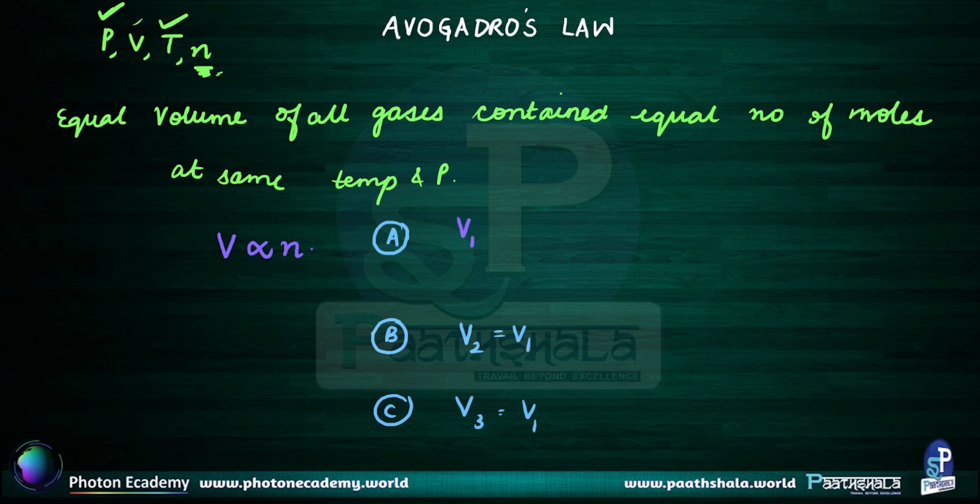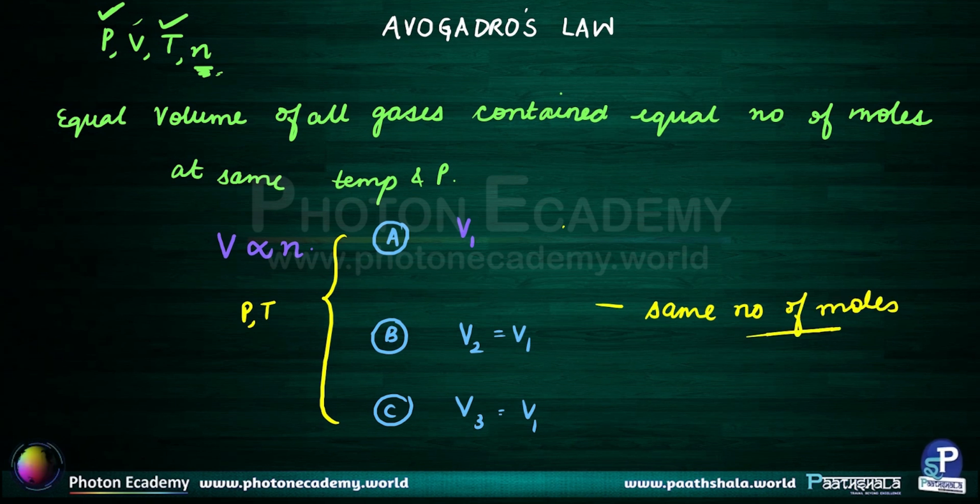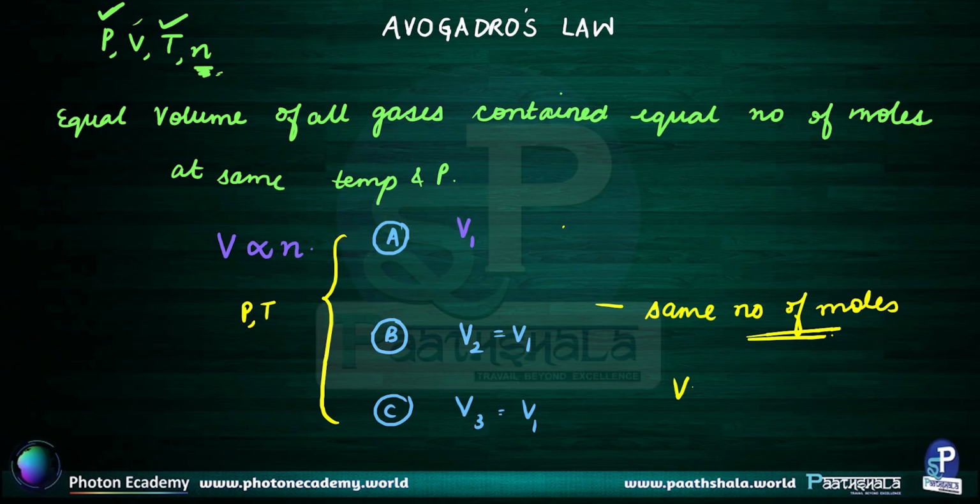So equal volumes of all the gases, although these 3 are different gases with different molecular masses, if kept at the same pressure and the same temperature, all 3 of these would occupy the same number of moles. Okay, this is what Avogadro's law states, and therefore we can say that V is equal to K times n. So this is something which you should remember from this law.